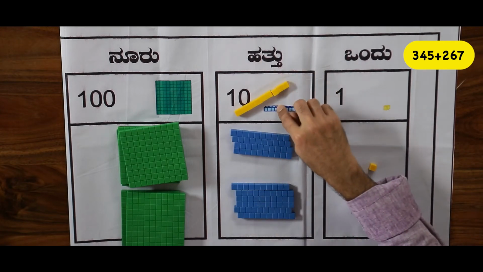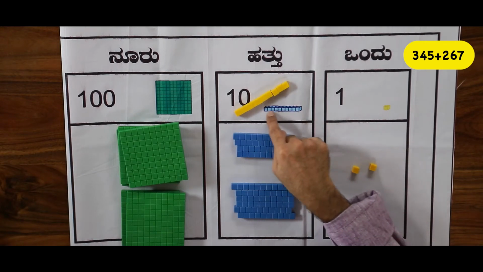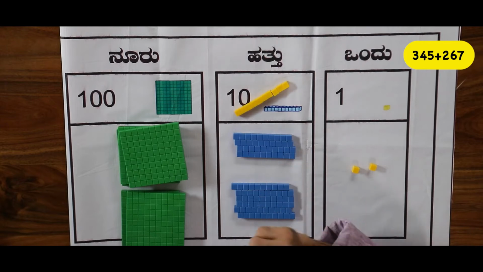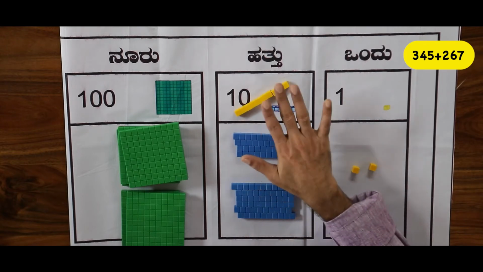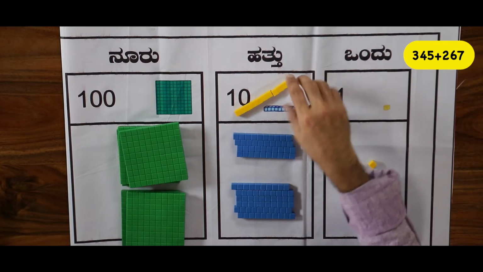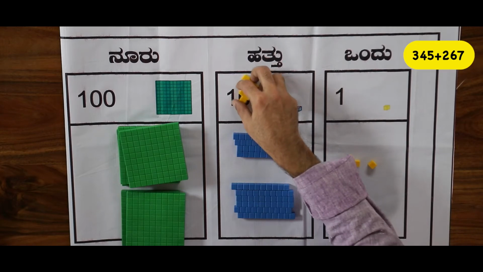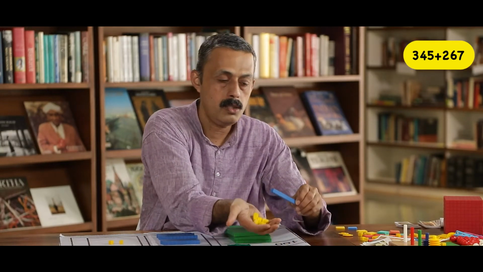If these 10 yellow cubes try to get into this house, what will the people of the blue house say? They say, no, this is not possible. This is the place only for blue rods. No opportunity for you. So, let us give all these yellow cubes to the bank. When we go to the bank, it will give us 1 blue rod in return.